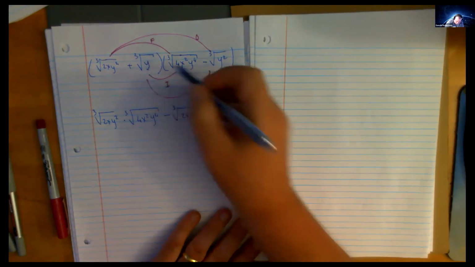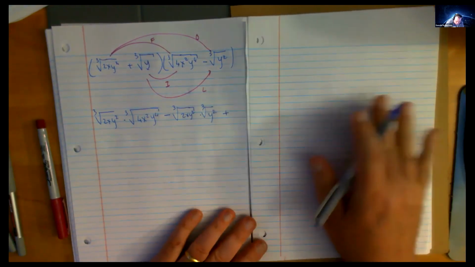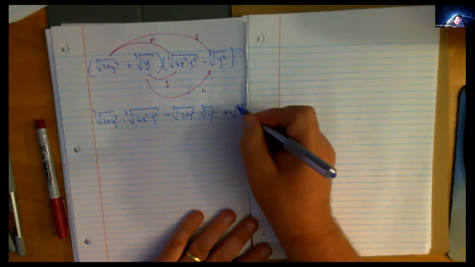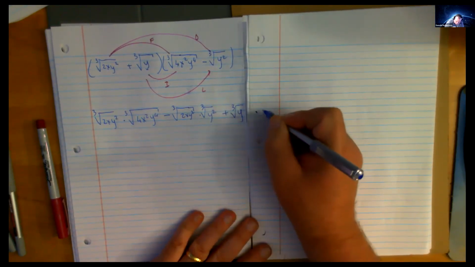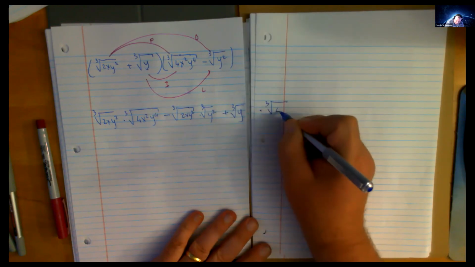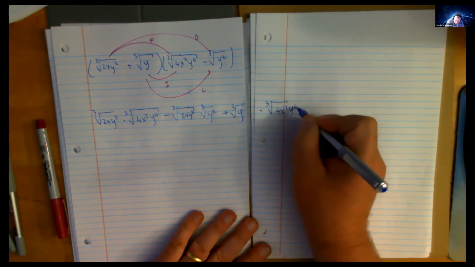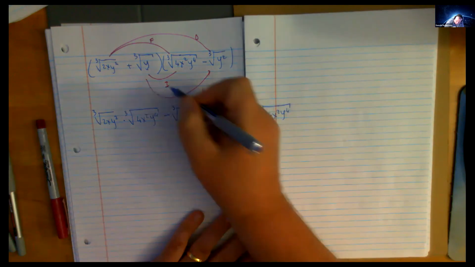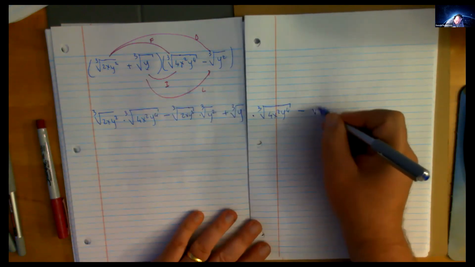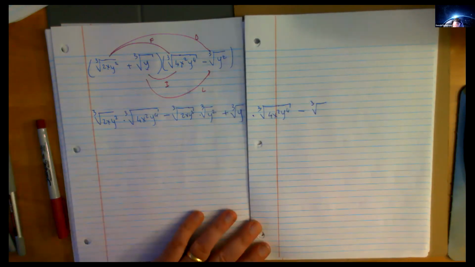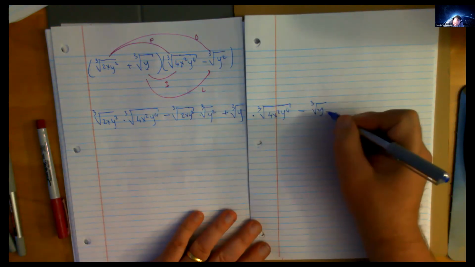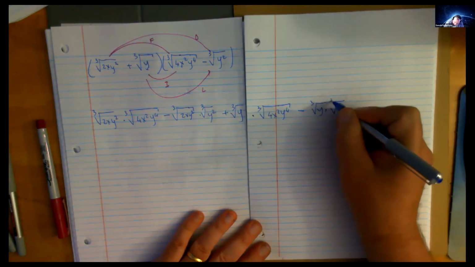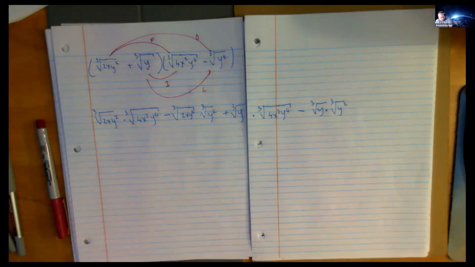If you do the inside, you're going to get plus the cube root of y times the cube root of 4x squared y to the 4. And then the last is negative the cube root of y times the cube root of y squared. Whoa, that is ugly and long now.